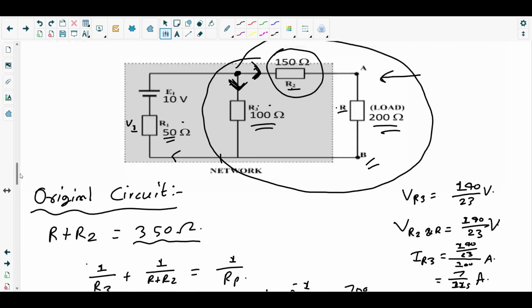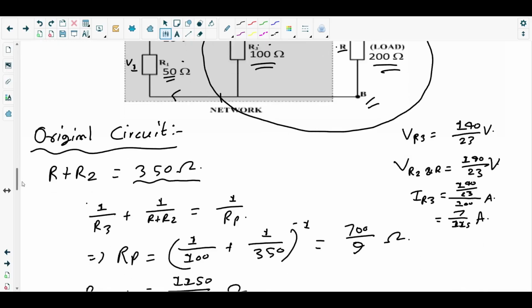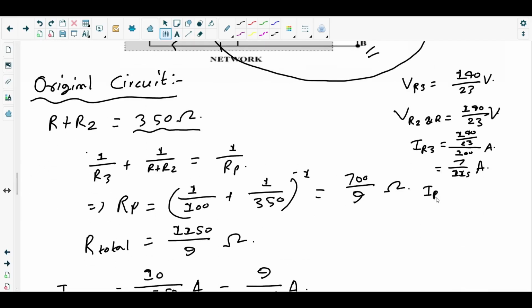Okay, so the remaining current will flow through the next loop, that is the loop of R2 and R. Sorry, it's not R2 and R3, it's R2 and R, the load resistor. So current flowing through R2 and R will be the total current minus the current through R3. Total current is 9 over 115.